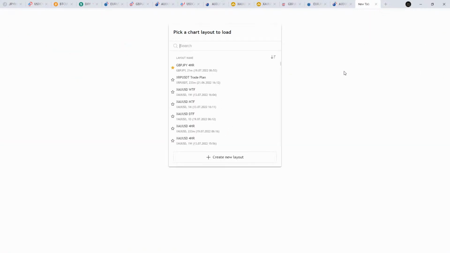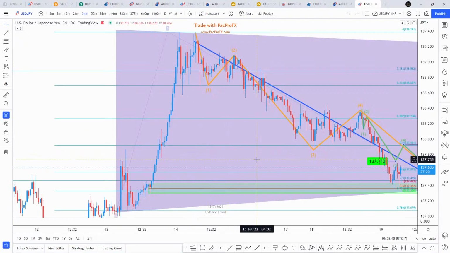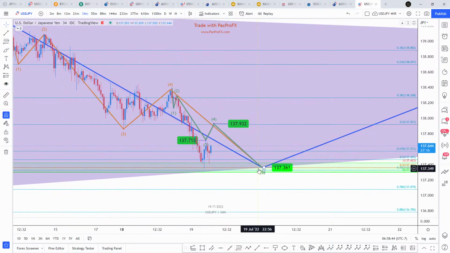Let's go for USD JPY. All right, so we already hit this target really quick. It tanked last night.